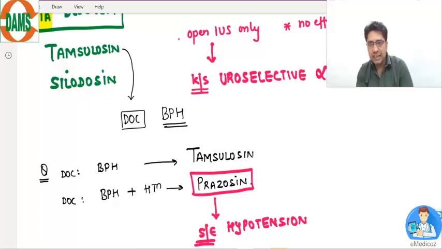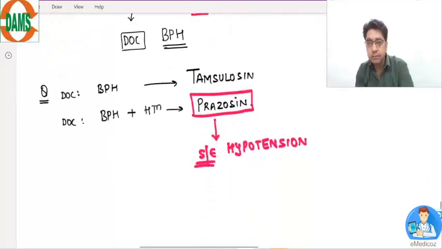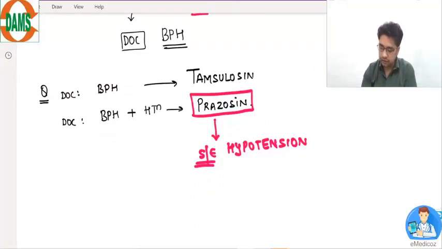So let's write the side effects of prazosin. Prazosin is an important drug for you.